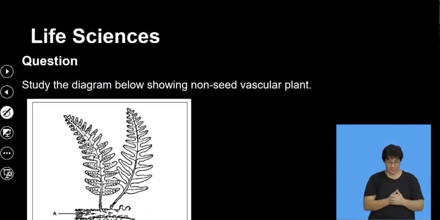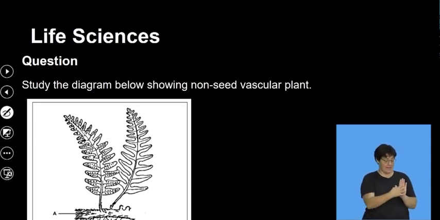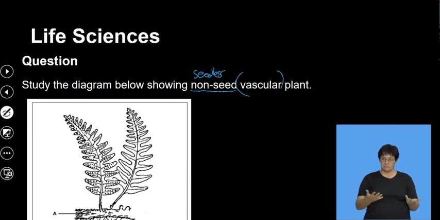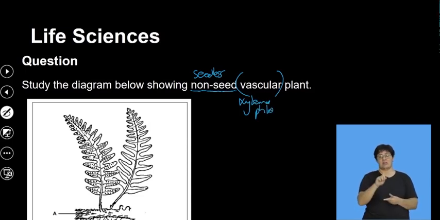So I tell you that the diagram below is a non-seed, so it's seedless, and it is a vascular plant. So it has got xylem and it's got phloem. Those are concepts you need to understand.